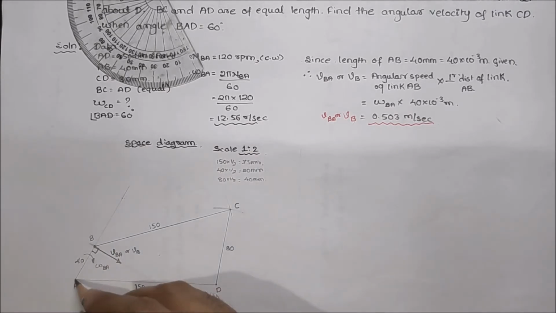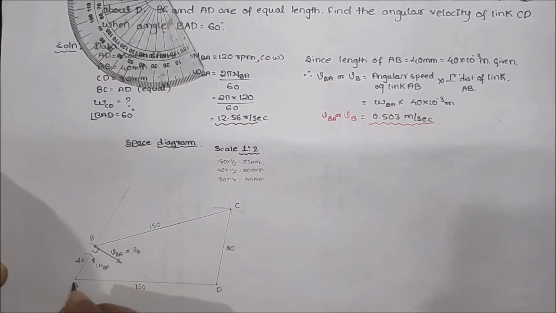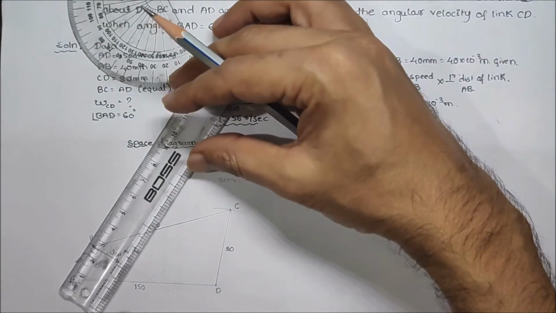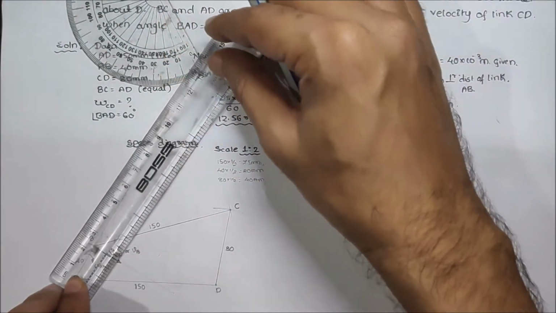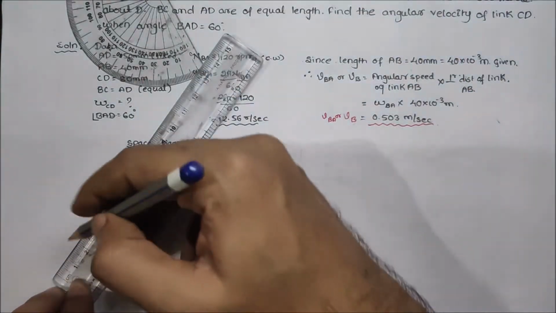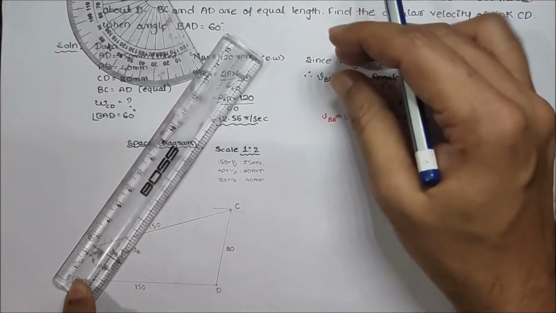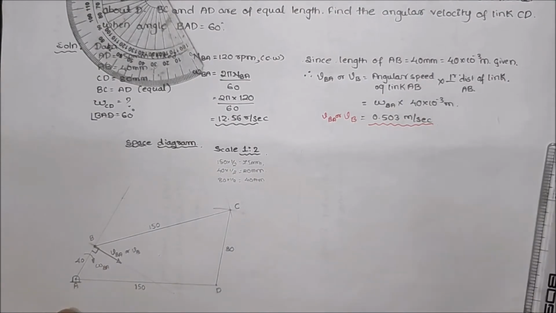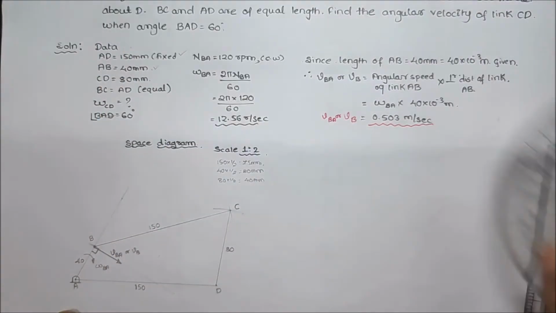The measurement of this AB, because AB link is a fixed link, so this whole link is fixed. With respect to this particular point, if this is fixed, it is going to move in this direction. So this is velocity of B with respect to A.